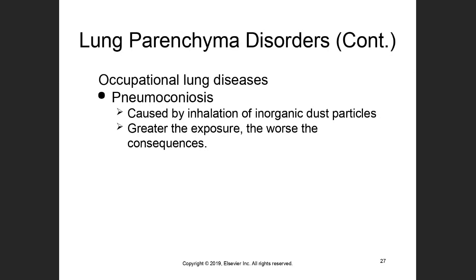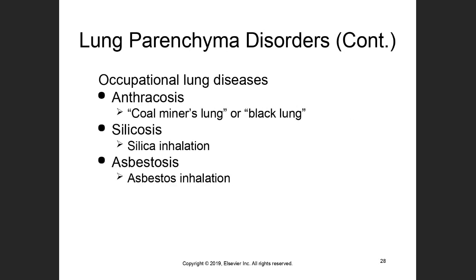Pneumoconiosis, we have different types of pneumoconiosis, okay? Most of the time it is related to exposure, like occupations. In the pneumoconiosis, we have anthracosis, silicosis, and asbestosis. Anthracosis is the coal miner's lung, black lung.